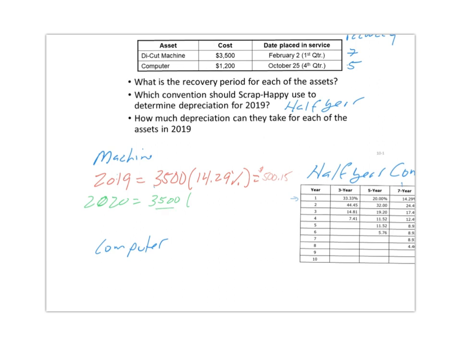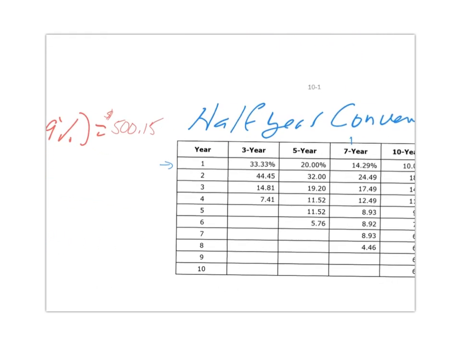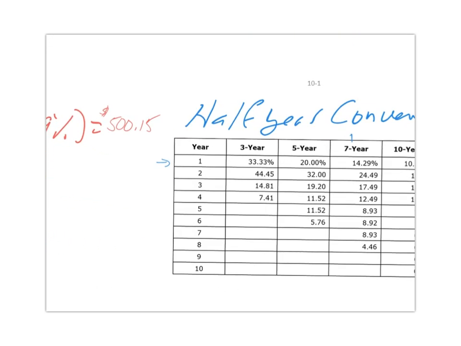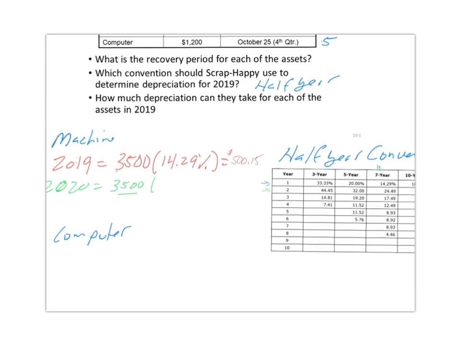All right, so now we have to go back over to our chart and look at our percents. Okay, so again, we're still talking about the machine, and so it's 7-year property, but now 2020 is year 2, and so our percentage is 24.49%.